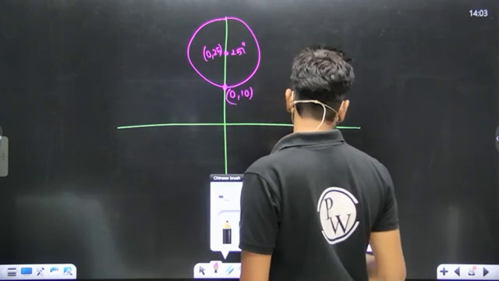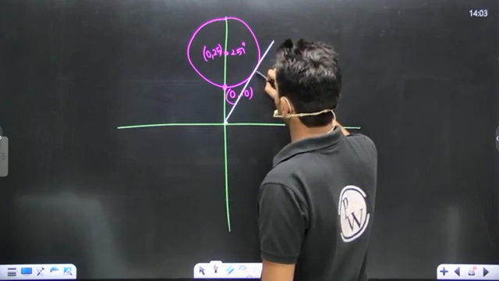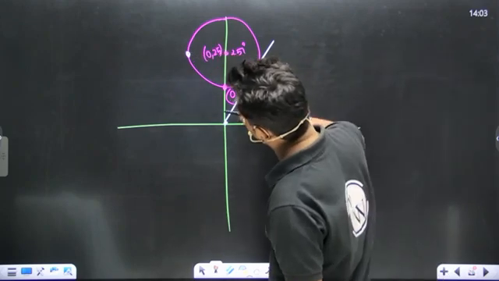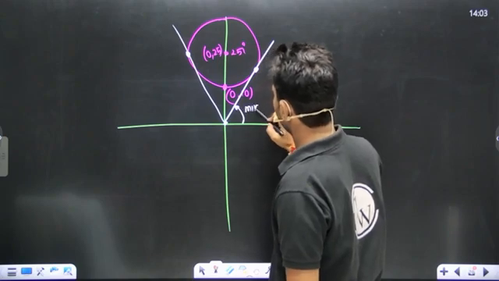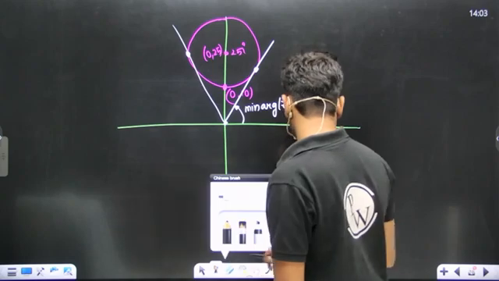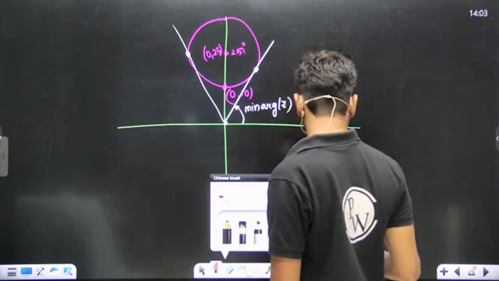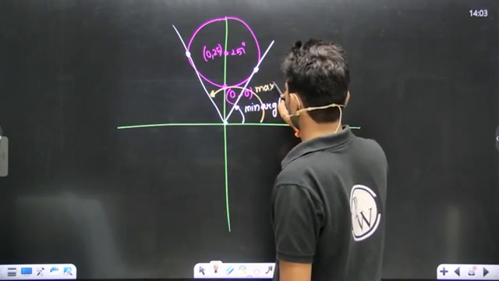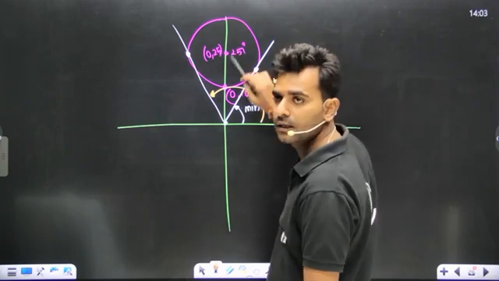Okay. Then the minimum argument. Now let me tell you this very important concept. The minimum argument is going to be of this complex number, and the maximum argument is going to be for this complex number. Yes or no? So this is the minimum argument of z, and over here it is going to be the maximum argument of the complex number z, because z is lying anywhere on this.